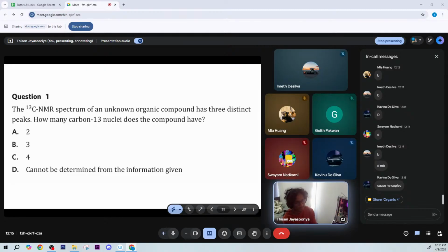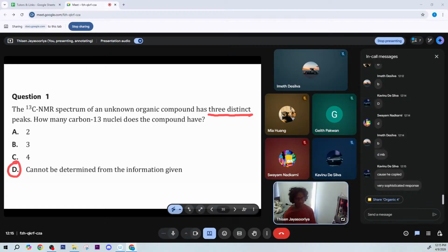Yeah, so here it's D. We know that there's 3 distinct environments, but we don't know how many carbons are in each environment. There could be 3 carbons in each environment, or 5 carbons in each environment. There could be one with 1 carbon, one with 2 carbons, and the other with 6 carbons. We can't determine how many carbons we have. All we can determine is how many environments we have.